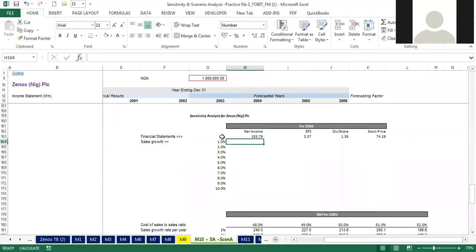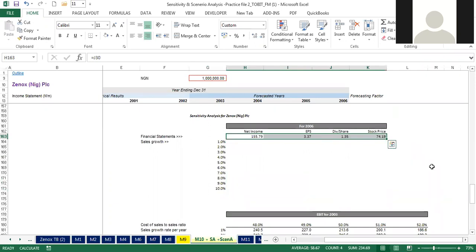But just to follow us, you will understand that what we have here are the sales growth. In the question, they gave us sales growth from 1% to 10%. But we are not given this one. This one is our own input from our financial statements. Do you understand?